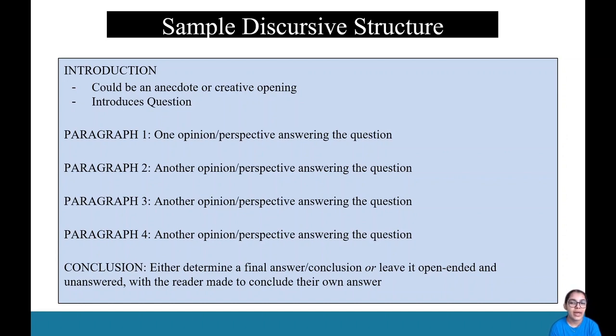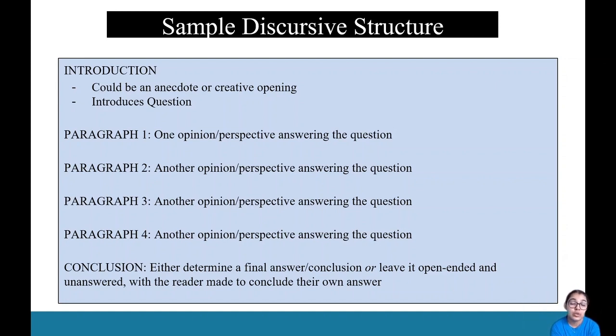And then from there, paragraphs 1, 2, 3, and 4. You can begin by expressing one opinion or perspective, answering the question. Paragraph 2 could be another opinion, paragraph 3 is another opinion or perspective, and paragraph 4 is another opinion and perspective. So you are basically taking one idea and you're branching off in different directions.